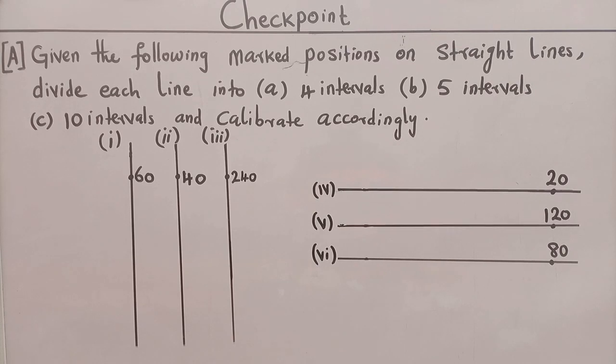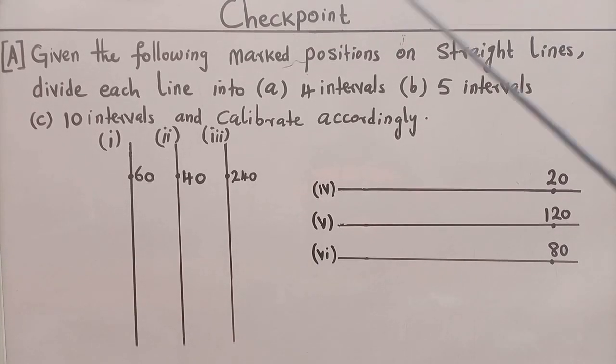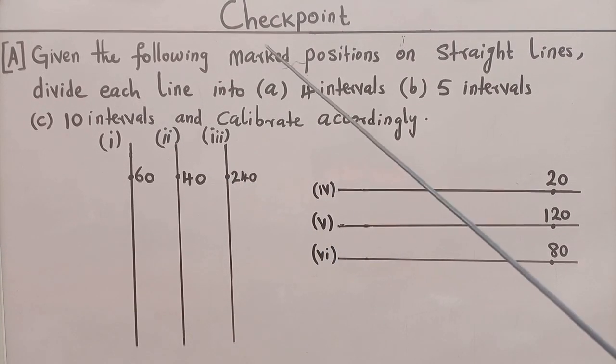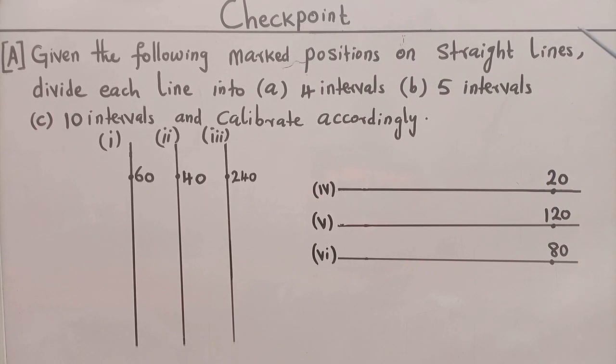Checkpoint number A, it says, given the following marked positions on straight lines, divide each line into 4 intervals, 5 intervals, 10 intervals, and calibrate accordingly. I believe you understand this instruction.